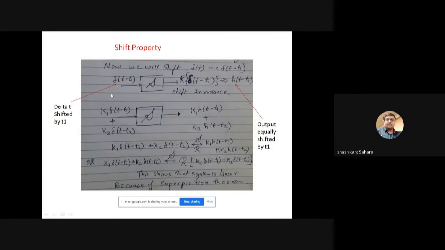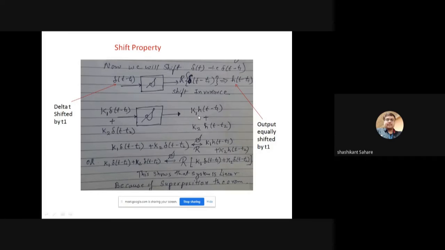Now in the next step, I will apply two signals. The first signal is δ(t − t1) multiplied by some constant k1, plus δ(t − t2) multiplied by constant k2.